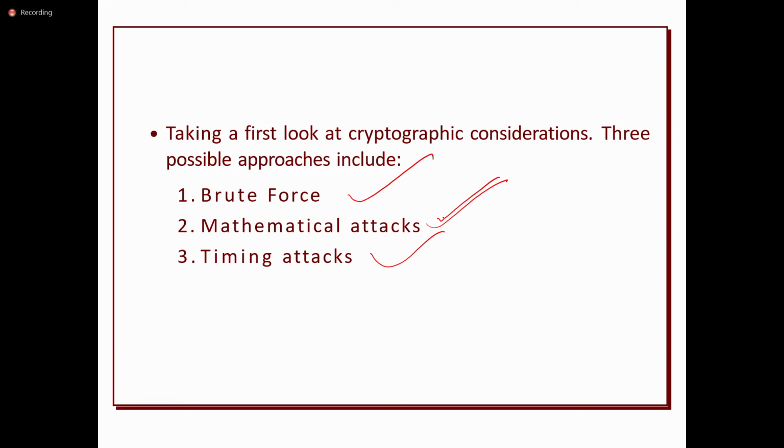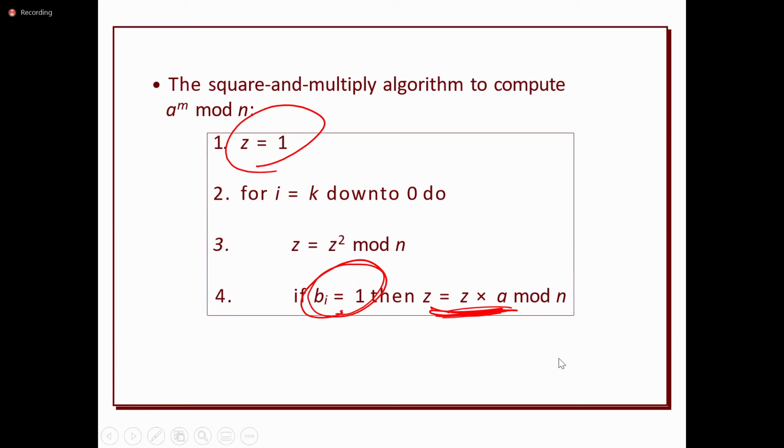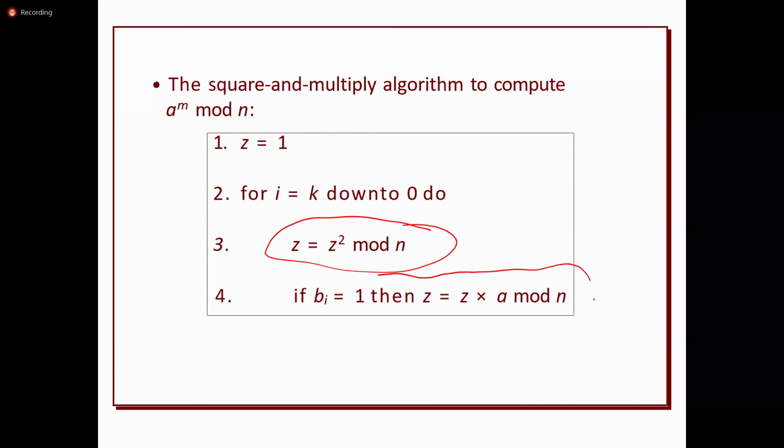Take the square and multiply algorithm: if the attacker tries to observe what the receiver is doing to generate the key, sometimes the receiver multiplies with the number, and sometimes simply squares. In the pseudocode, in some cases it does z equal to z square, and in other cases it performs the product with multiplying, then the mod n operation.